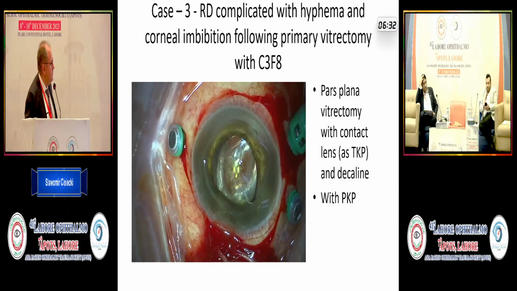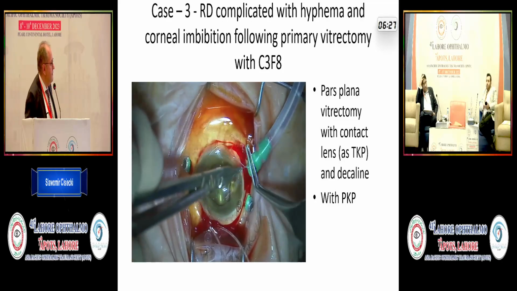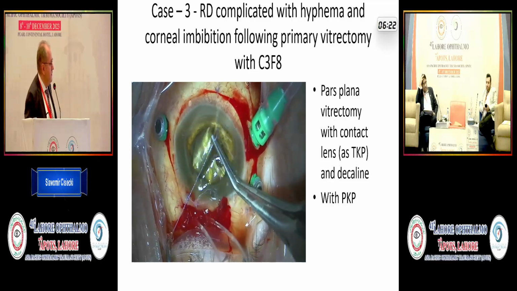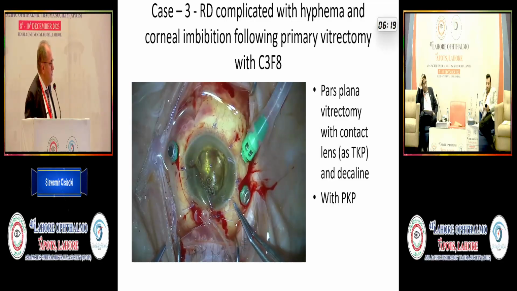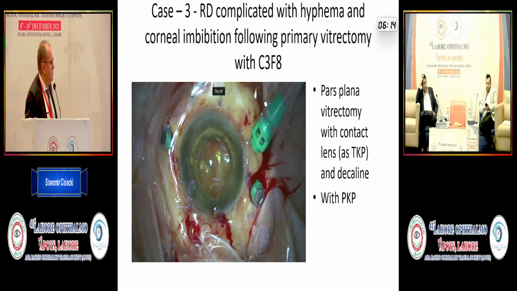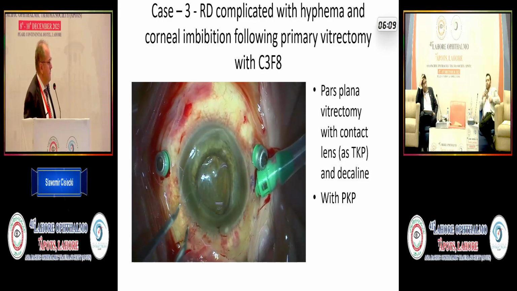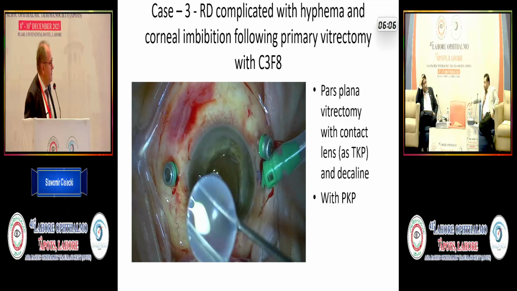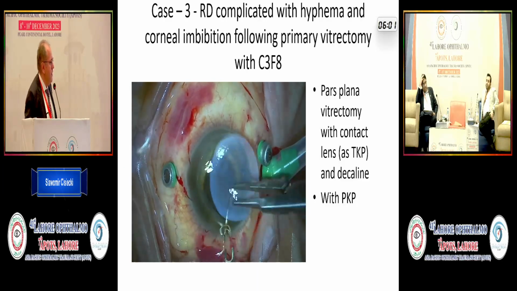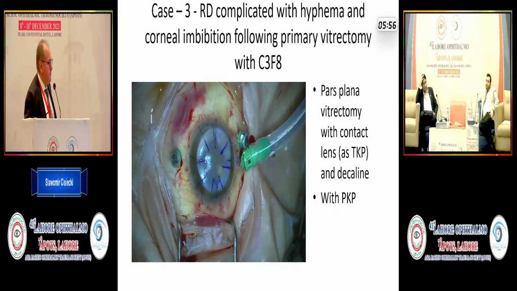It was not possible to lavage the anterior chamber, and once again we placed a soft contact lens, and the retina was also detached with choroidal detachment. So I decided to leave the perfluorodecalin for 2 weeks. Unfortunately, when we order corneas in emergency cases, sometimes they are of very weak quality.